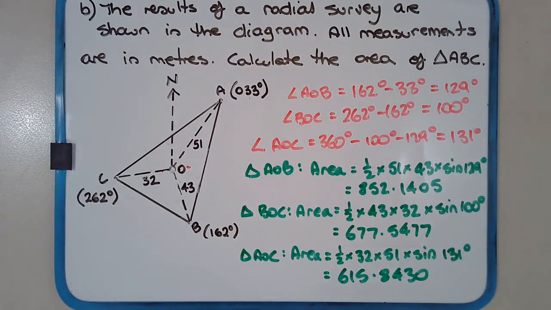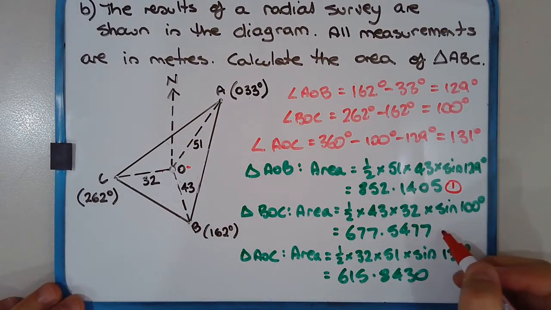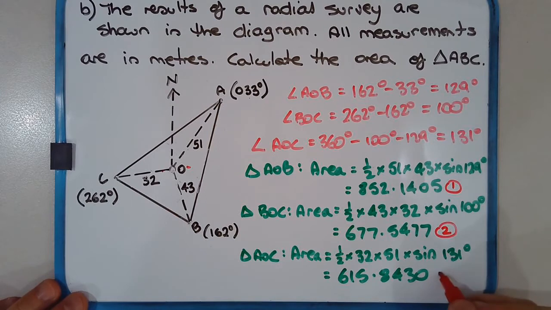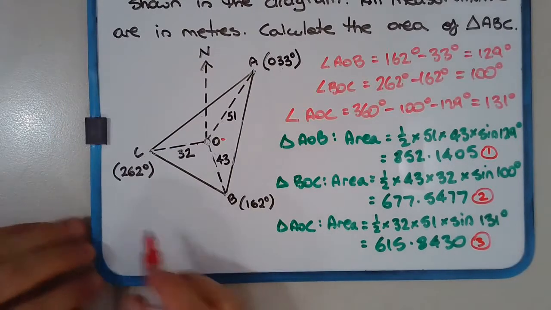Okay, the last thing we do is we just add up those three areas, and there's our grand total. Okay. And we'll do that now. So we're going to add up number 1, add up number 2, and add it to number 3, and then that's it. So, all right, I'll just write it here.